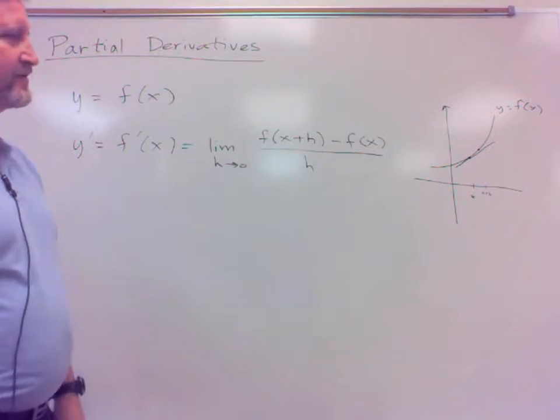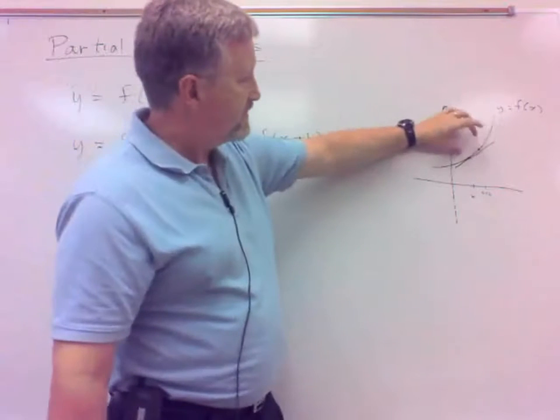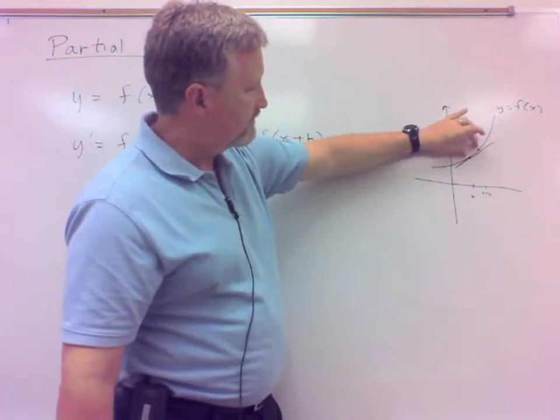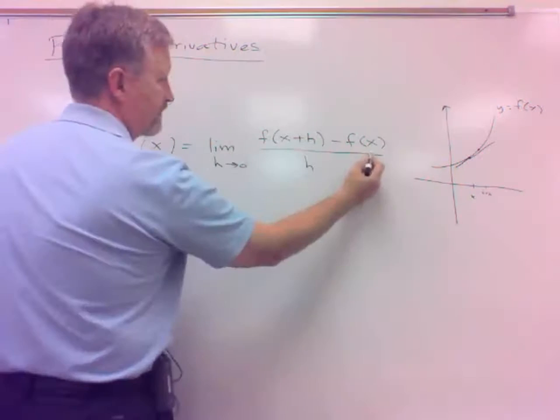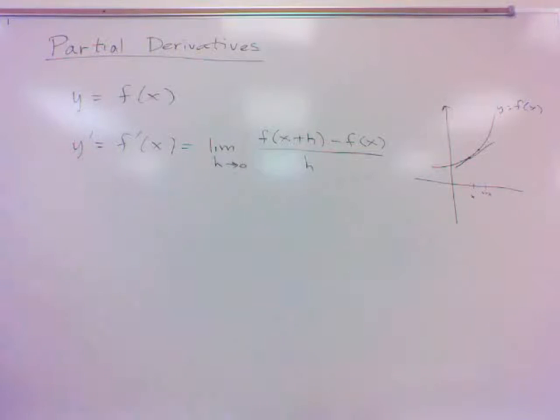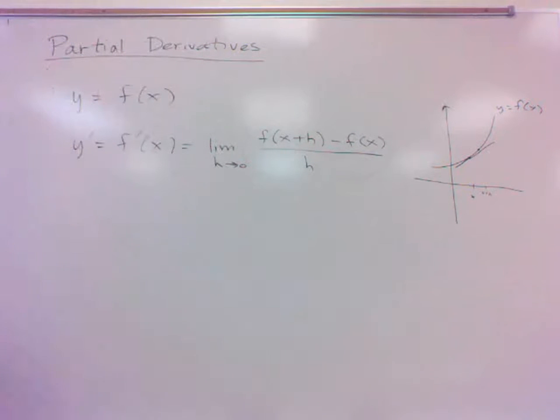It's the slope of the tangent line, but if we change the input a little bit, how much does the function value actually change, right? Okay. All right, so that's our derivative of a single variable function.